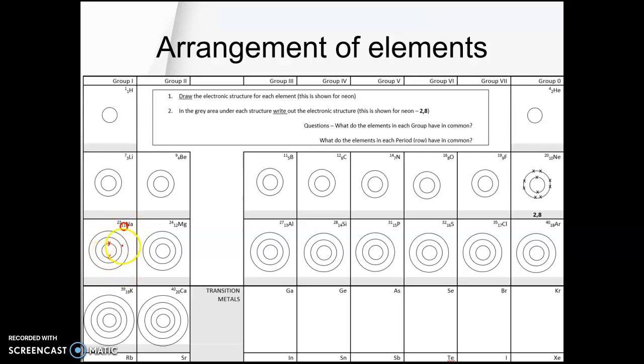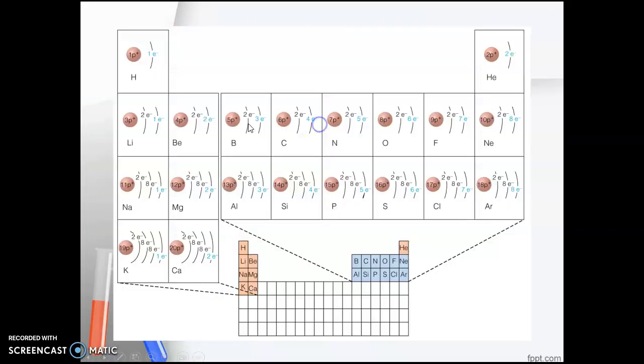So 9 electrons cannot fit into the second shell because it can only hold 8 electrons, and that's why we are going to put 8 electrons in the second shell, and then the rest of the electrons we will be putting in the last shell.